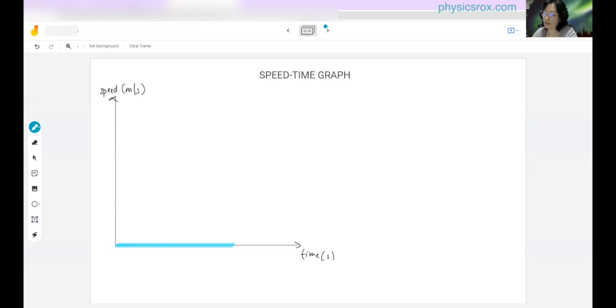When I ask for evidence, in science sometimes you make a conclusion which is correct, but sometimes you need to prove it. In the exam, I can ask you for the reason, to explain. So from this graph, why do you say it is not moving? What is the evidence?